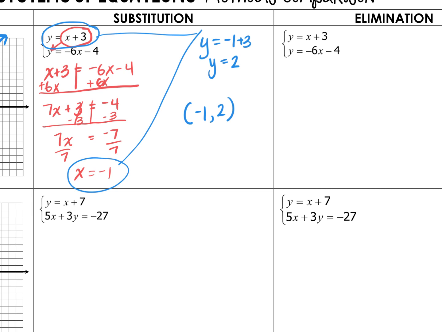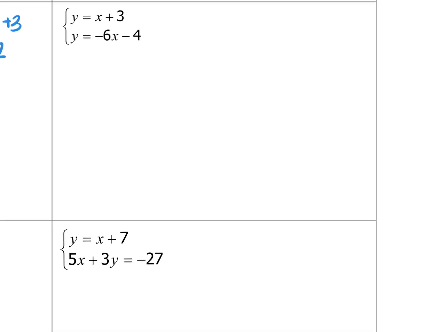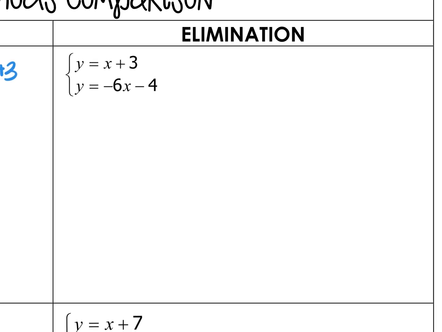First thing with elimination is you have to make sure that your x's and your y's and your numbers and your equal signs are all lined up. Is that the case here? Yes, they are lined up. So which variable do you want to get rid of? X. So that means we want to multiply this top equation by 6.